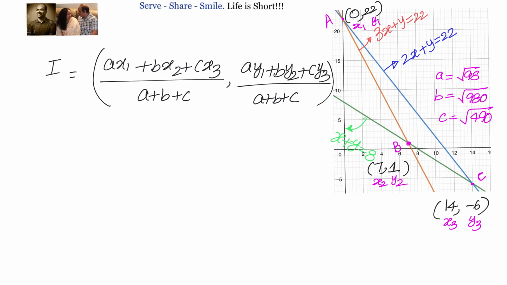Let us substitute the values of a, b, c, x1, x2, x3, and y1, y2, y3 so that we can get the coordinates of the incenter.